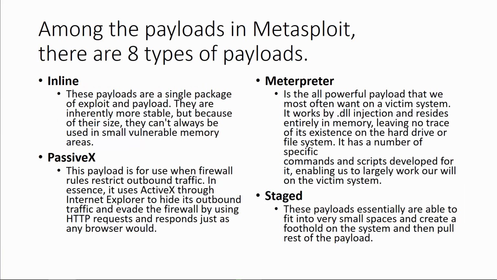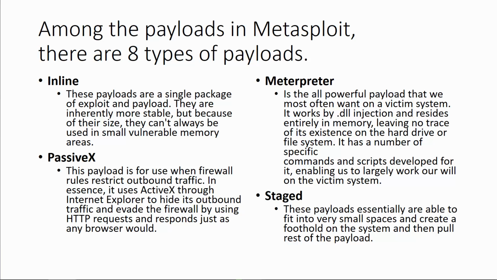So let's go back to payloads and go a little bit more in depth. There are eight general types of payloads. Inline. These payloads are a single package of exploit and payload. They are inherently more stable because of their size, but they can't always be used in small vulnerability memory areas.